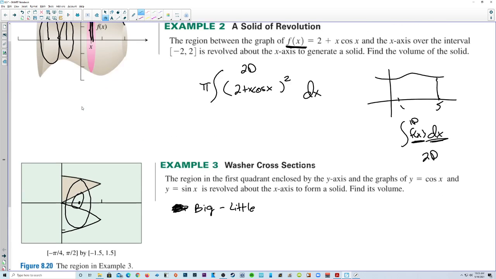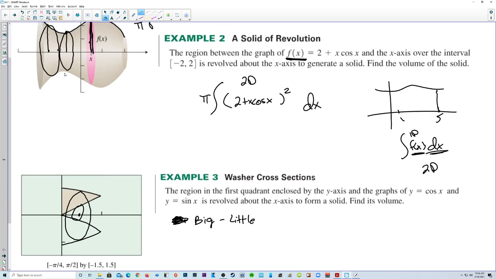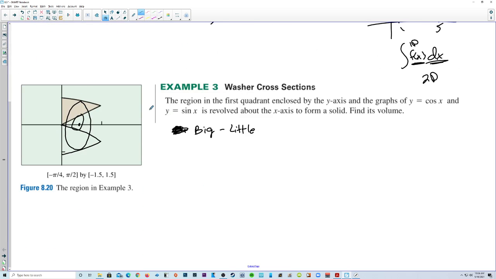Now, the example up here, the radius is up against the x-axis. We don't have 2 functions. This one we do, and the area is in between these 2. Now the cross section is still a big circle. If we took all of the area of the big circle and we subtracted out the area of the little circle, we'd have the area in between, and that's what we're trying to accomplish on this one.